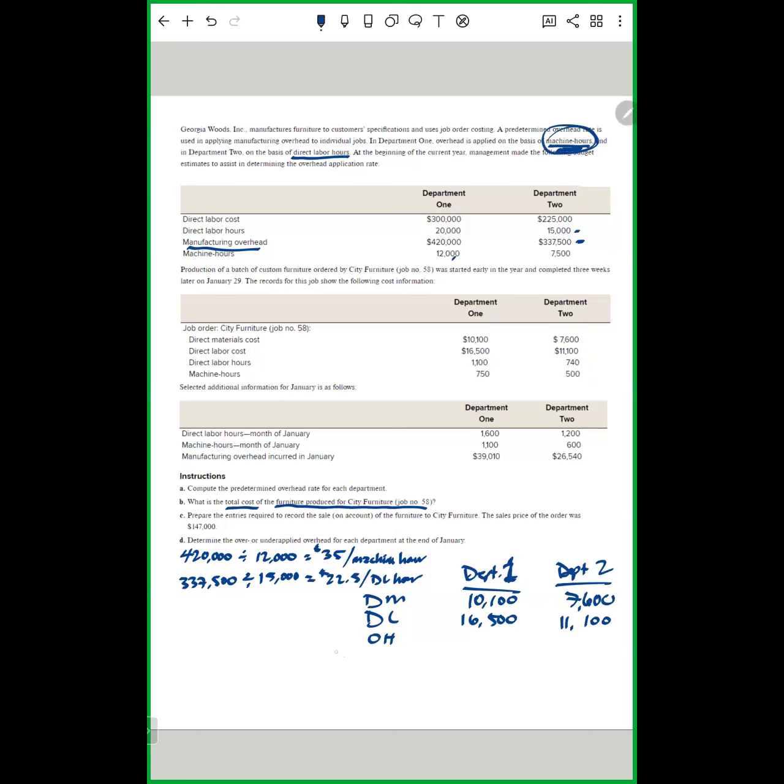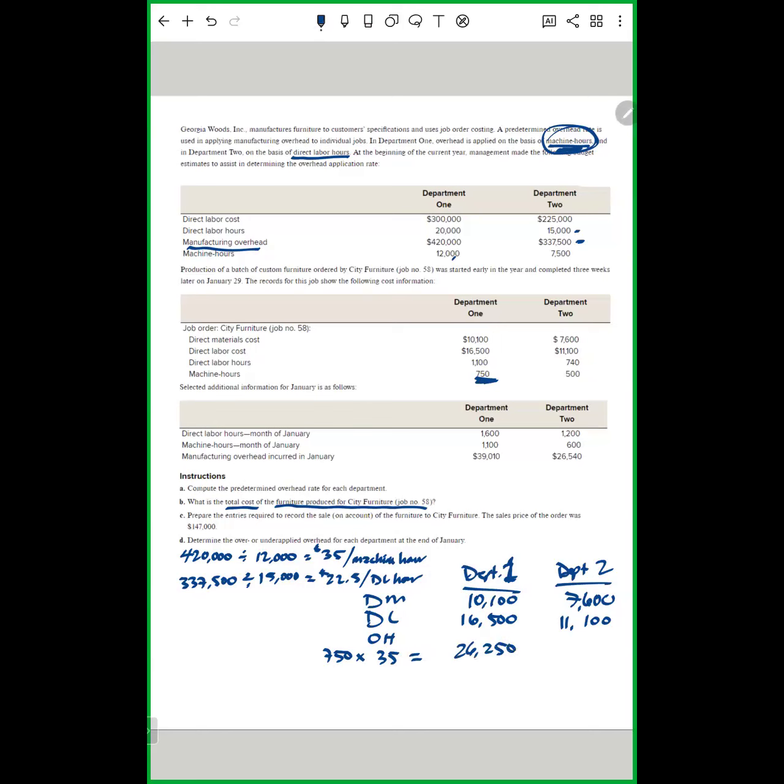So we take the 750, the hours that were actually used in the department, times the rate, which is the $35, which we had calculated earlier. And plug that into the calculator. 750 times 35, I get 26,250.